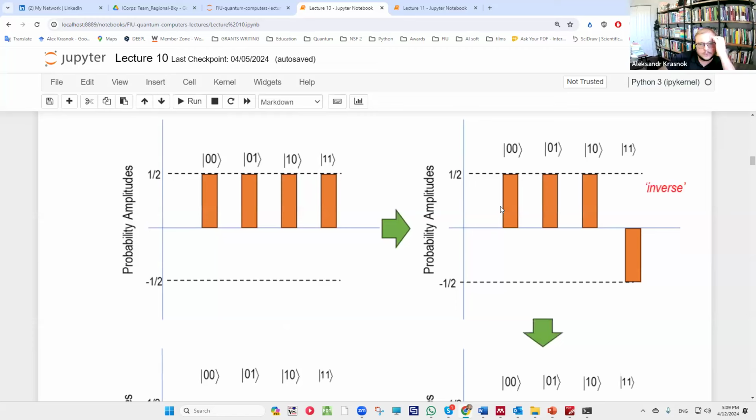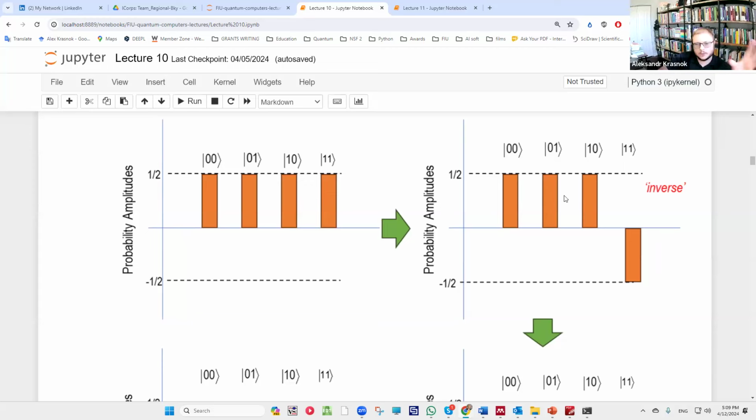This algorithm is based on an operation of inversion, which is done by application of the oracle function, or oracle operator. The oracle operator is programmed for searching for a particular element, like in this case, the element 1, 1.